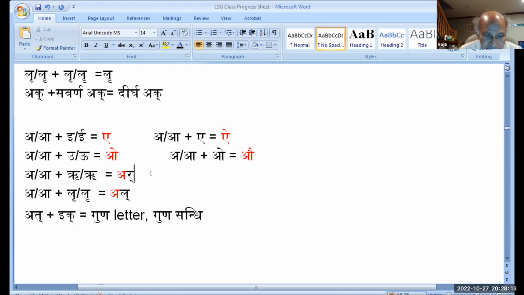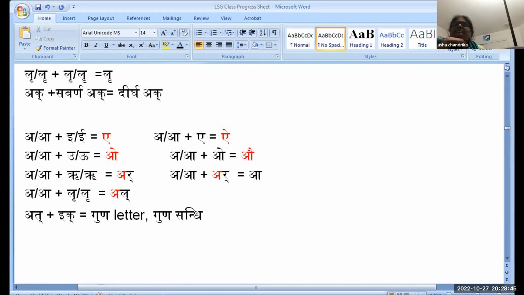Now, this is easy for you to understand. Next one. If I take this one, and instead of this, I add R here. This is easy for you. These R plus R are added to R. That's a simple Dirgha Sandhi, isn't it?